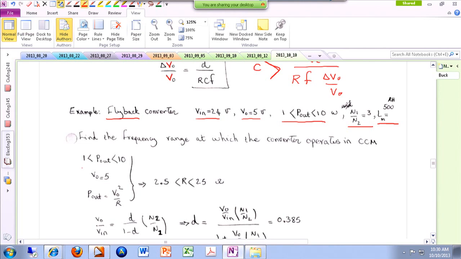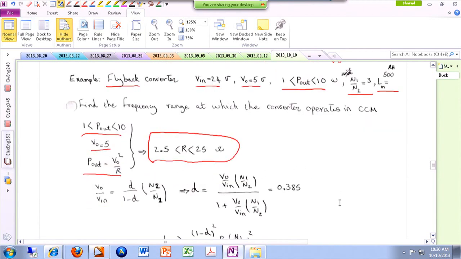We know that the output power is variable from 1 to 10 watts. The output voltage is 5 volts, and it's a DC system. Therefore, the output power is V out squared over R. So do some math, and you realize that if the power is variable from 1 to 10 watts, the load resistance is variable from 2.5 ohms to 25 ohms. All right, so that's easy.